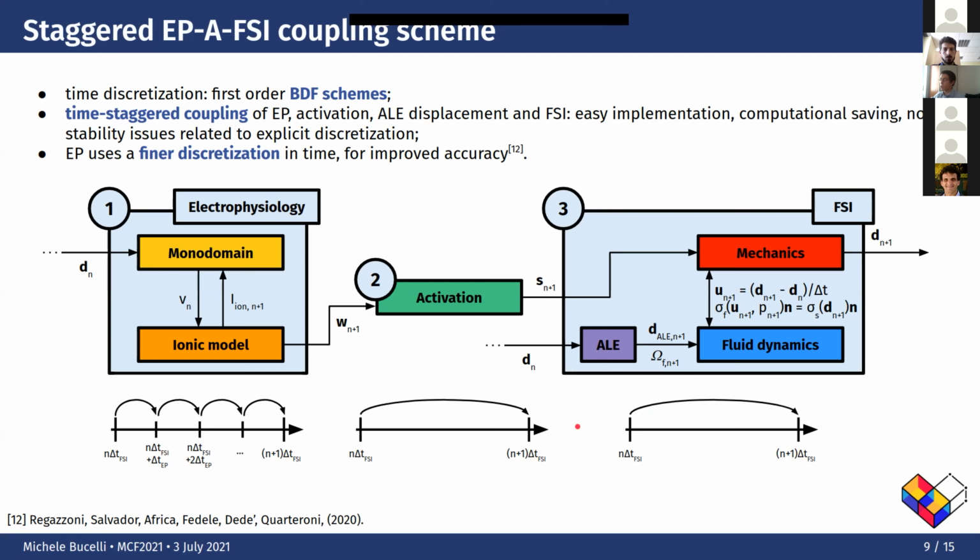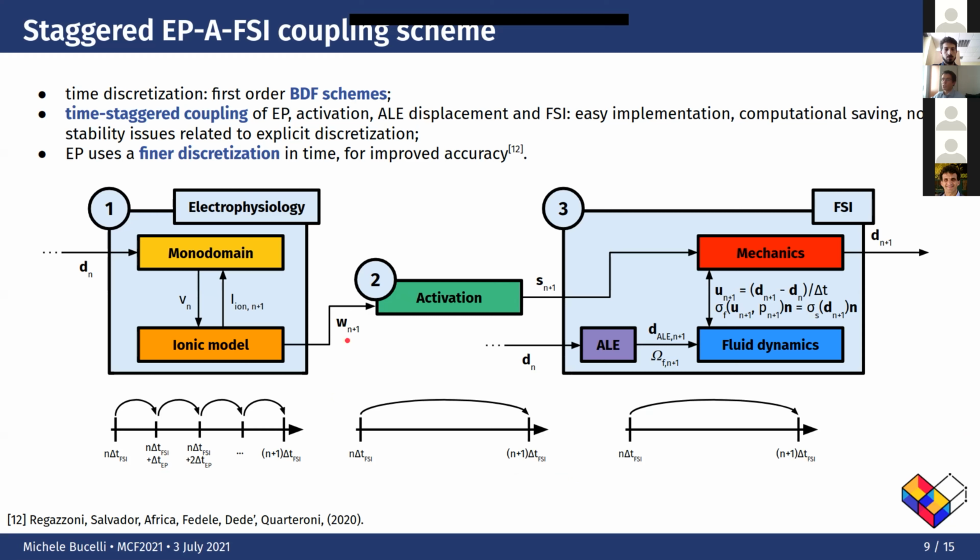And fluid dynamics and mechanics equations are solved in a tightly coupled way, strongly coupled way, again with a larger time step. This kind of staggered scheme allows us to use a finer time discretization for electrophysiology, which is required for accuracy purposes, since the time scales of the electrophysiology related phenomena are much smaller than the ones related to other phenomena.